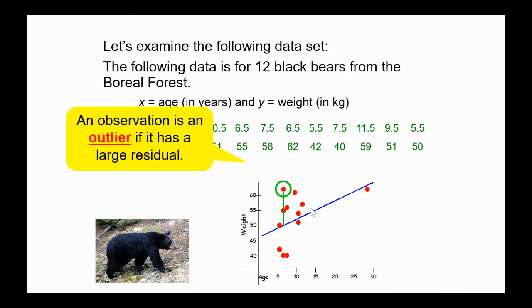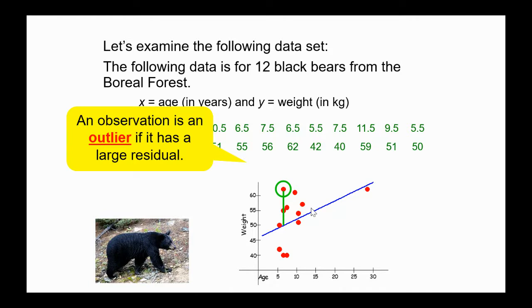So an observation is an outlier if it has a large residual. So that's how we can graphically assess the fit of a line.